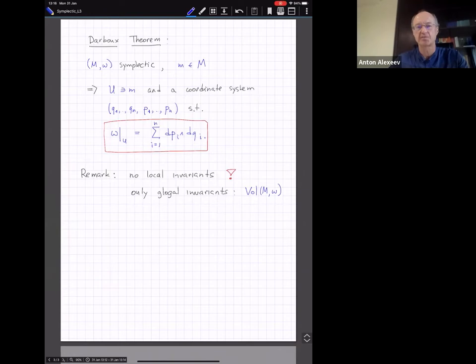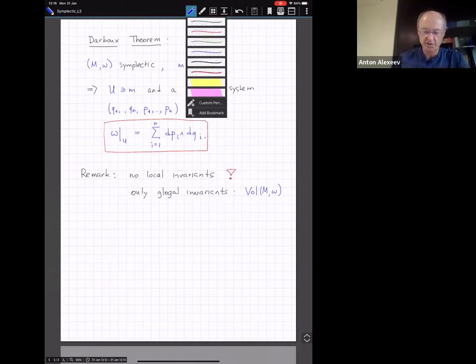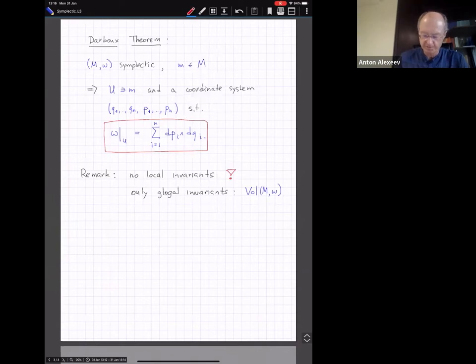Essentially, the Darboux theorem tells you that you have to go in one direction or the other. We choose our direction, but symplectic topology is a very big, very interesting and challenging field. This dichotomy is defined by the Darboux theorem.